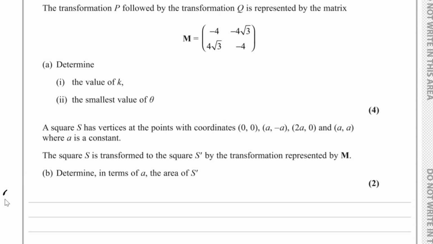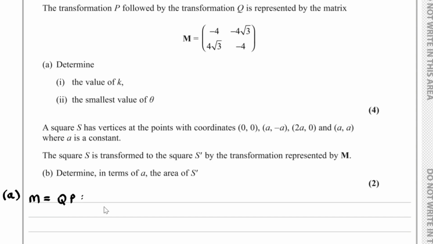So for part A, we have M, which is equal to Q multiplied by P. We have P followed by Q, so we work in this order here.